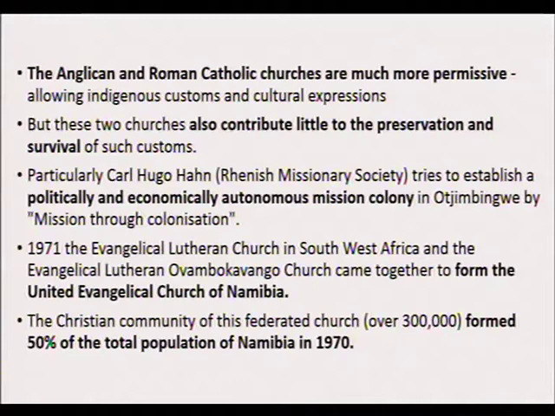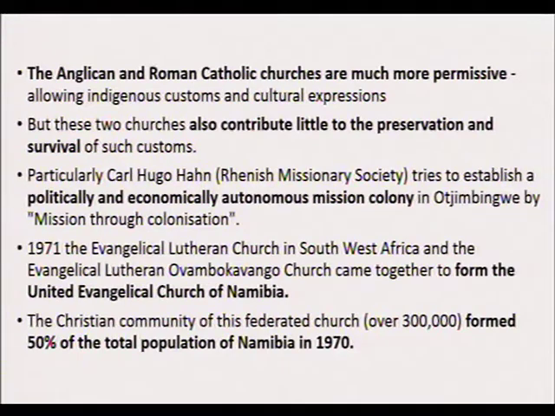Particularly if we look at Carl Hugo Hahn from the Rhenish Missionary Society, he tried to establish a politically and economically autonomous mission colony in Ochimbingwe by mission through colonization. In 1971, the Evangelical Lutheran Church in West Africa and the Evangelical Lutheran Ovambo Kavango Church came together to form the United Evangelical Church of Namibia.